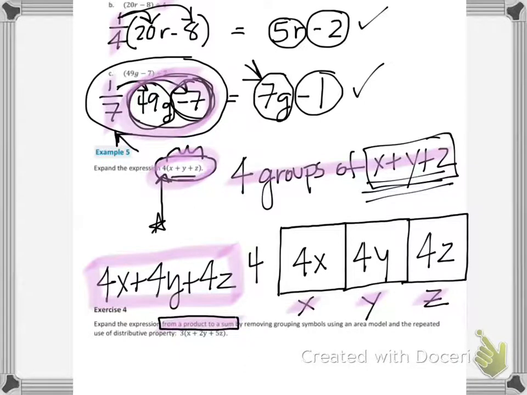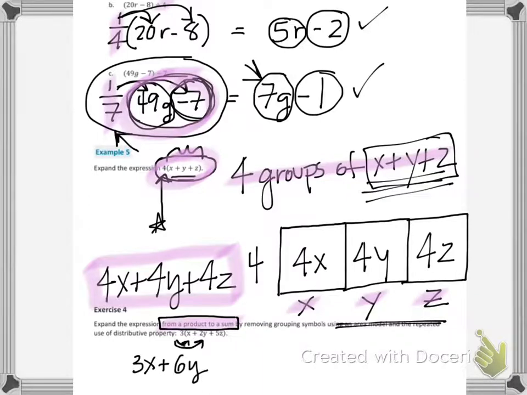The way we do that is the way we've been doing this over and over again. I'm not going to have you use an area model right now. I'm getting a little weary of the area model. If you want to make an area model yourself, you can. That's fine. We're into 55 minutes now, and I want to get through here. So we go ahead and distribute out. 3 times the x is 3x. 3 times the 2y is 6y.